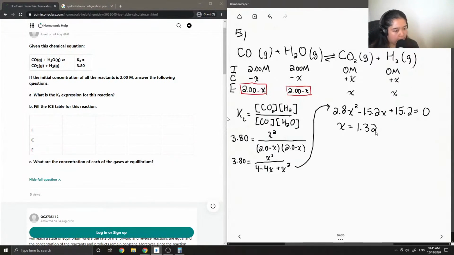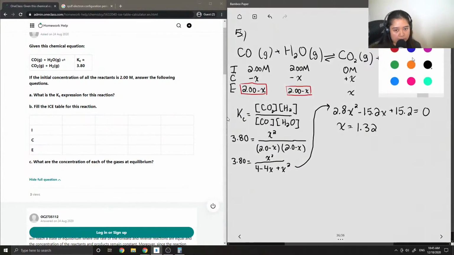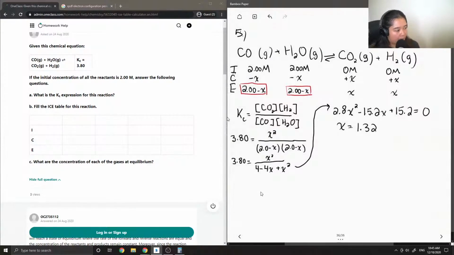Okay, so now that we know what our x value is, we can write down the concentration of each of the gases at equilibrium. So part C, at equilibrium, the concentration of carbon monoxide is equal to the concentration of H2O, which is equal to 2.00 minus 1.32.